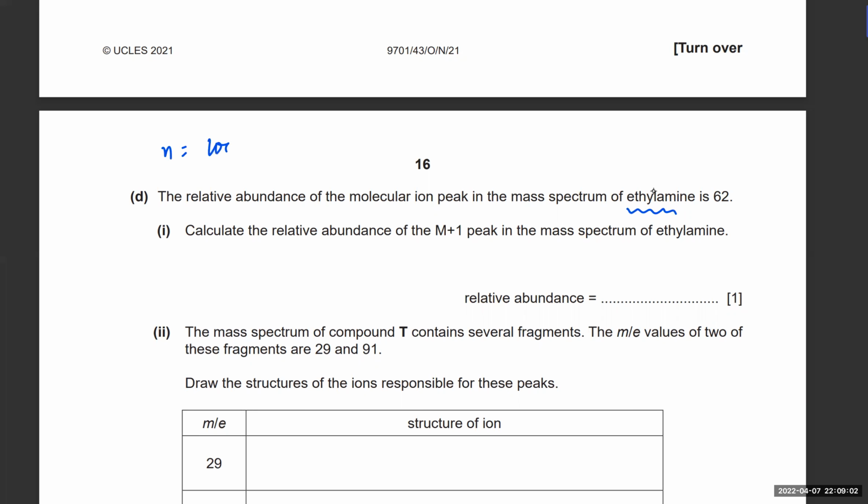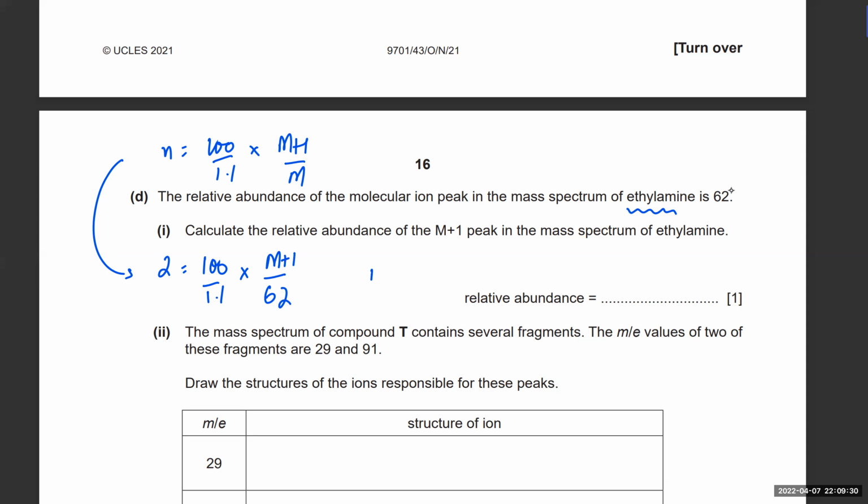It was 100 over 1.1 into M+1 divided by the M height. Ethylamine has 2 carbon atoms, so 2 is equal to 100 over 1.1 times M+1 over 62, where the molecular ion peak is given as 62.